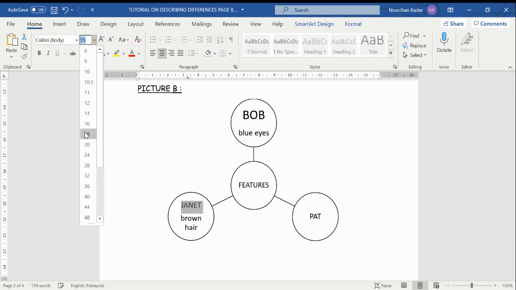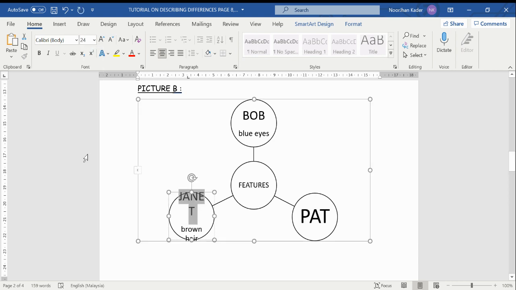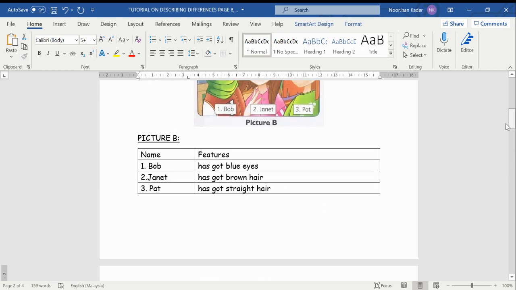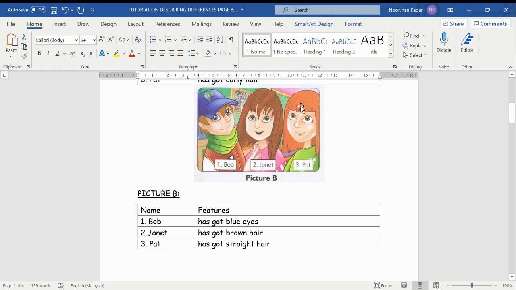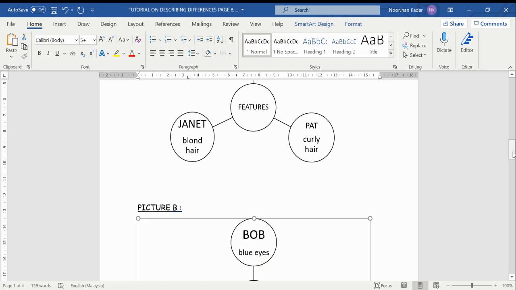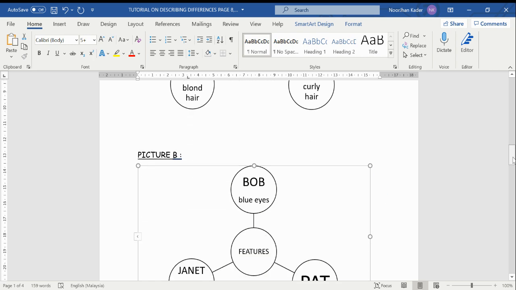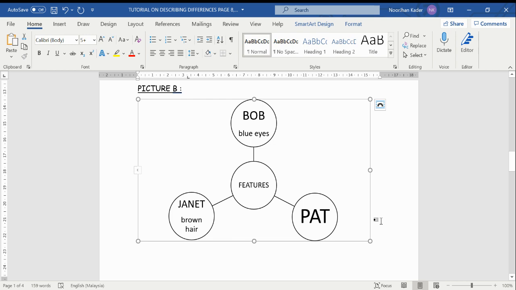It's always changing. Okay, that's better. Okay, and Pat. What does Pat have? Now let's look again. Pat has got straight hair. So when you have a question like this, when you have to write differences, firstly, you have to make a table.